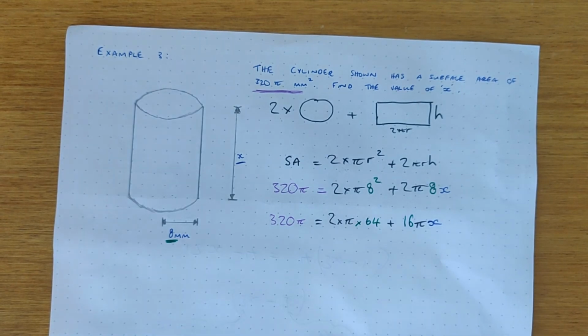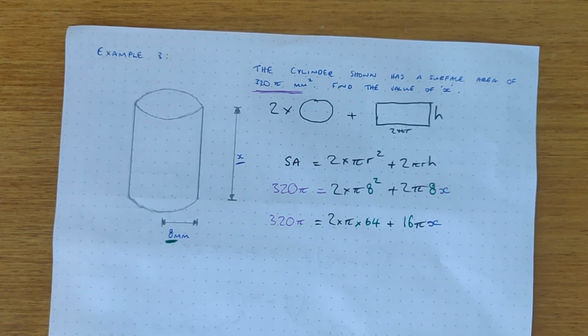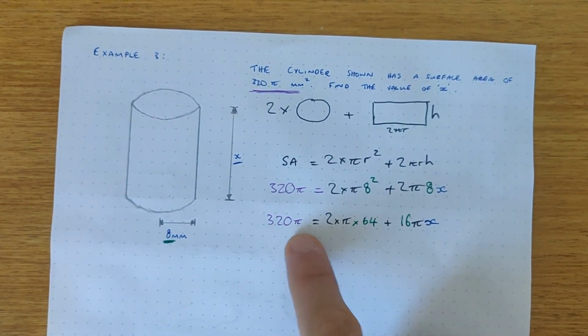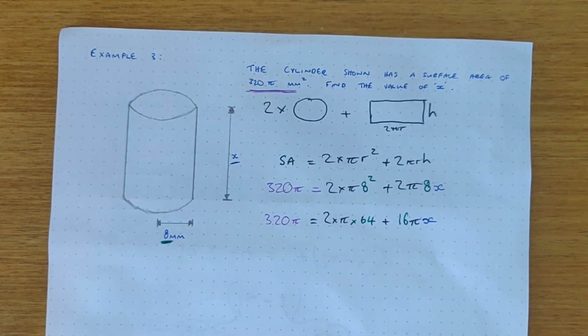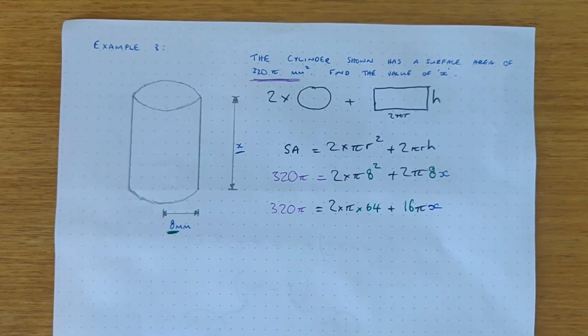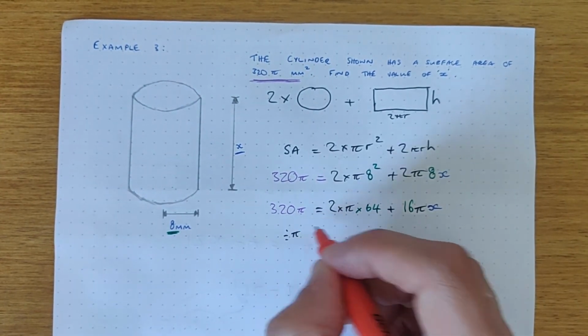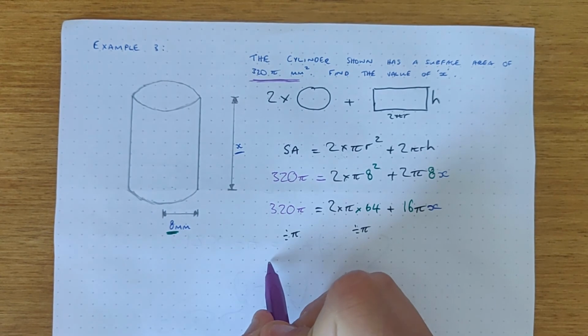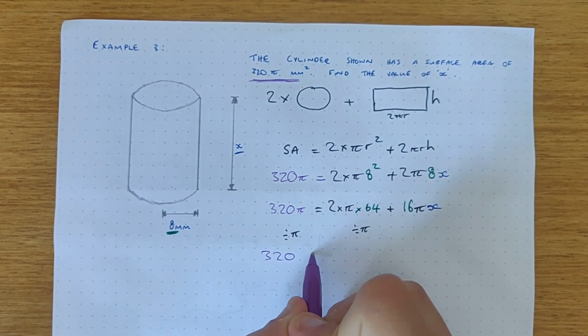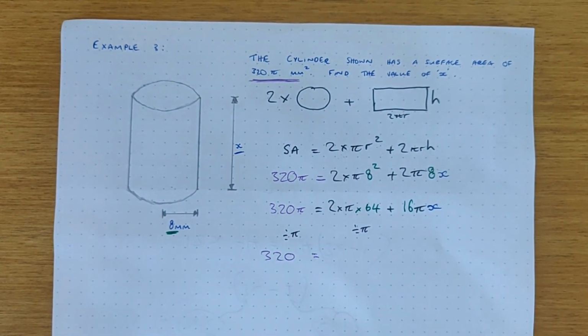Now, one thing to notice at this point, and another way we can make this easier for ourselves, is that I've got pi in every term of my equation here. So what I can do, if I divide both sides by pi, is remove pi entirely from this equation. 320 will equal 2 times 64.